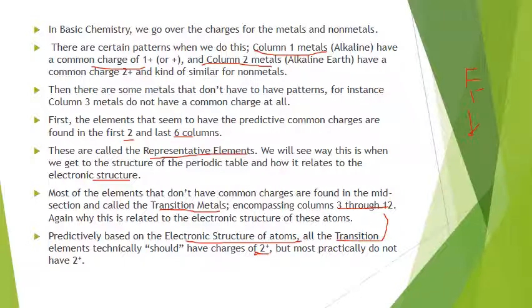But practically they don't. They do sometimes, but in most cases you can't make that assumption. So what we want to pay attention to are the elements found in the transition metals, because they don't have a specific common charge per column. You have to be given them, and we'll talk about how that relates here.